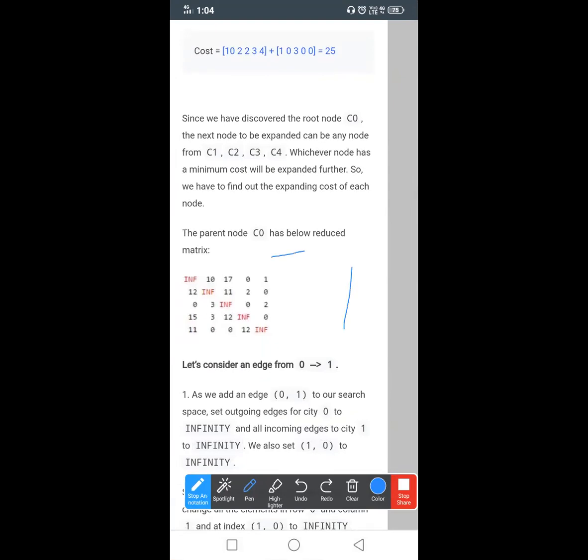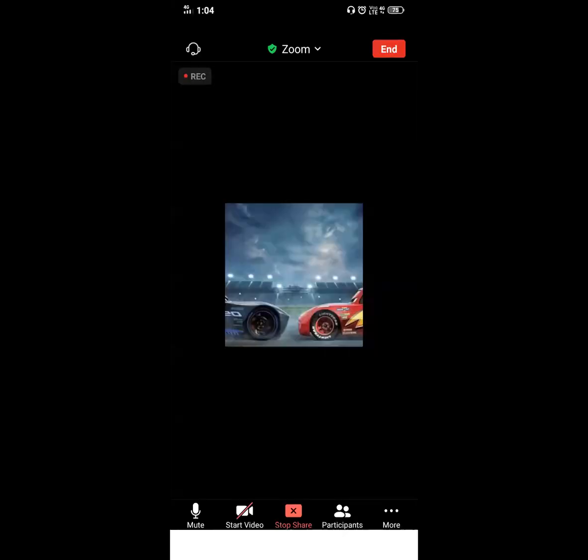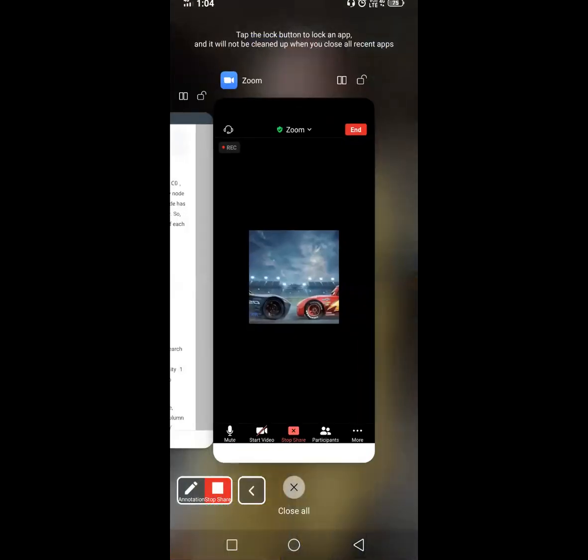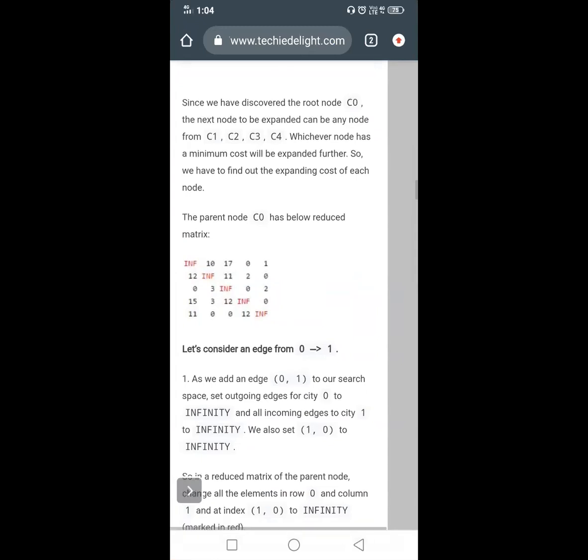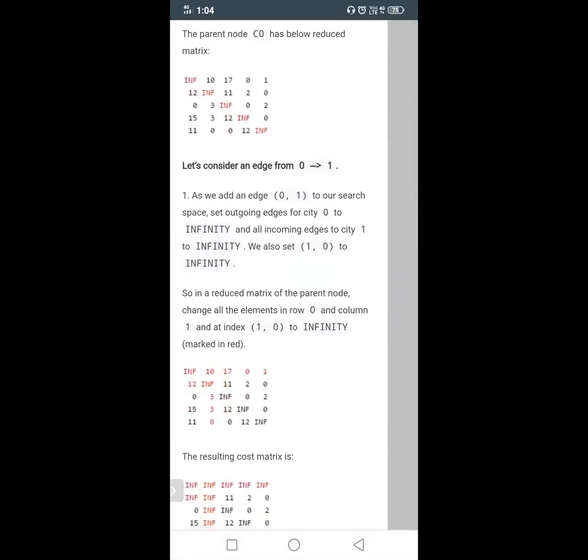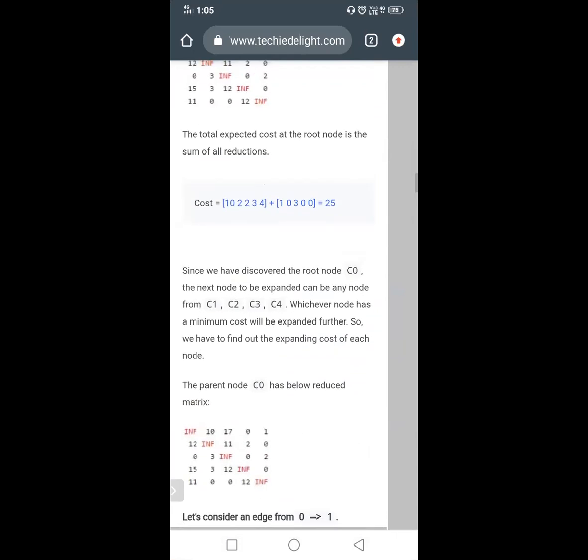Okay, clear students? So what is the formula here?